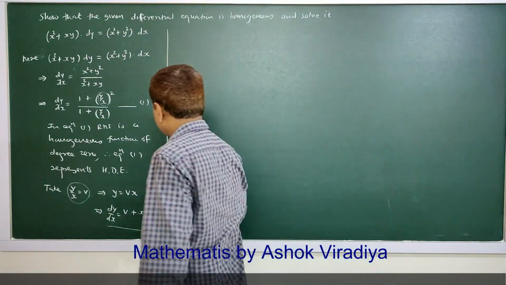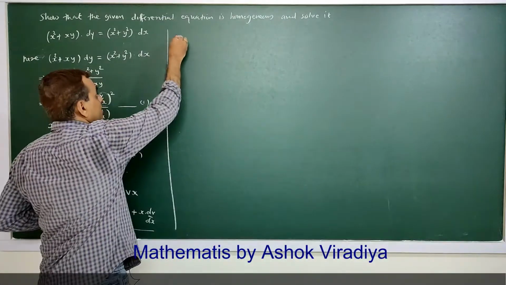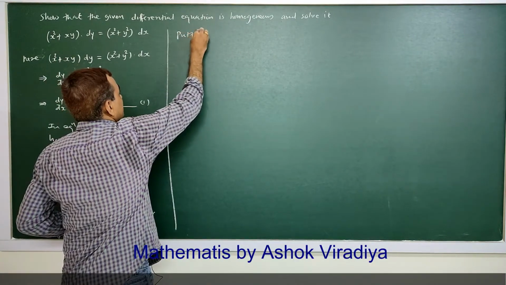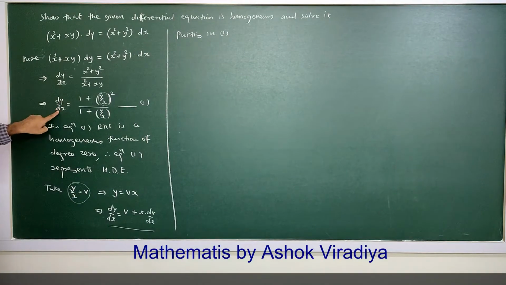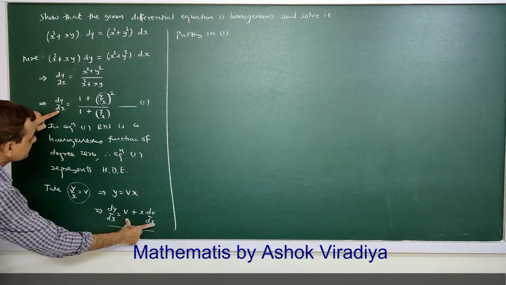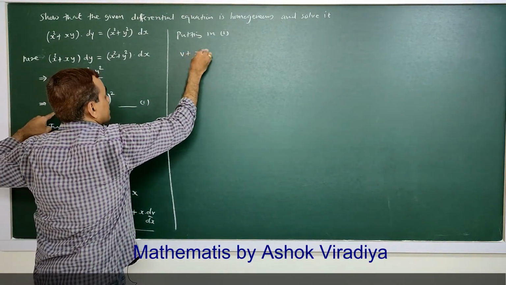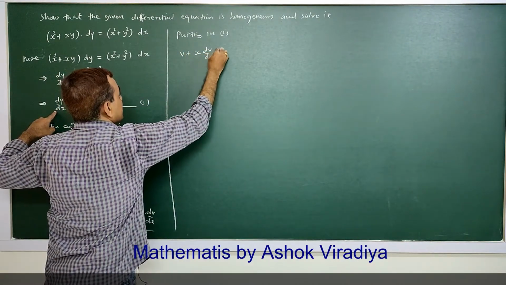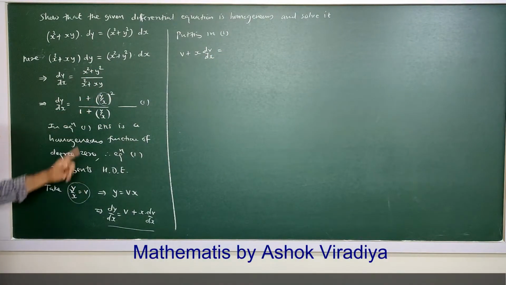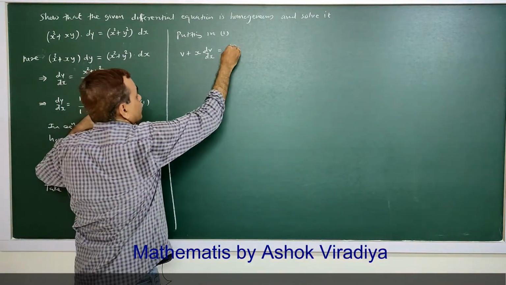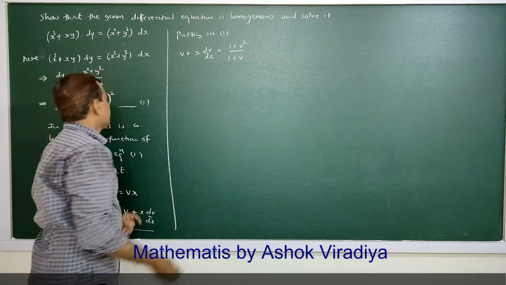So putting values in equation 1, for dy by dx I keep v plus x dv by dx, equal to, now here I am putting v, so 1 plus v square upon 1 plus v.